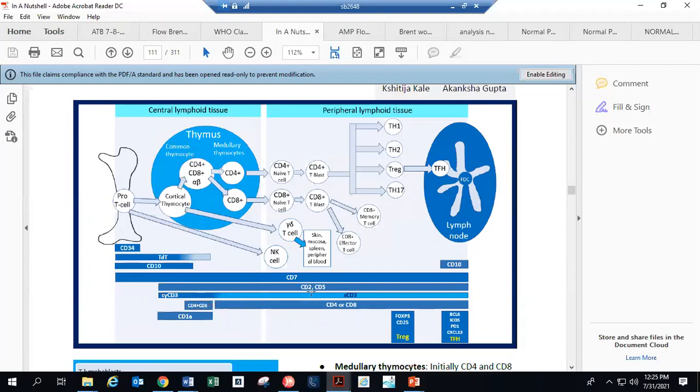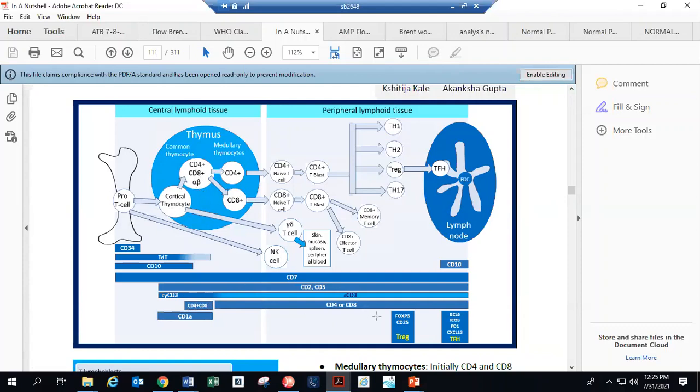And then eventually all these cells will become lineage specific, either CD4 positive or CD8 positive T cells. CD1A is another marker. CD1A is important in ETP ALLs and early T cell precursor ALLs. And this CD1A becomes positive in the cortical thymocyte and common thymocyte.